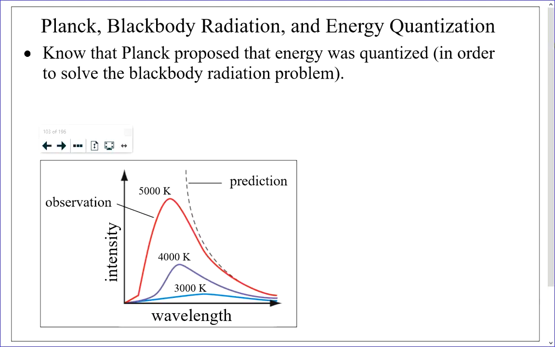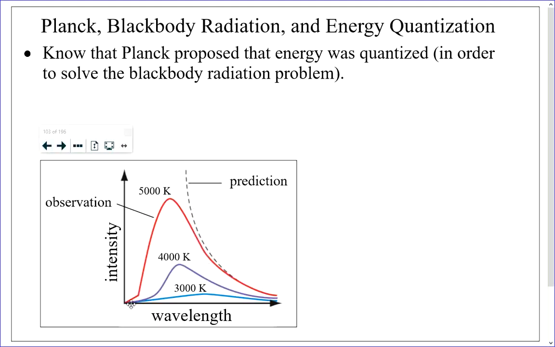When physicists around 1905 predicted the distribution of wavelengths for a black body, which is a glowing solid, they were successful in predicting what actually happened if the temperature was about 3,000 degrees Kelvin or about 4,000 degrees Kelvin. But when you hit around 5,000 degrees Kelvin, the prediction was this dotted line.